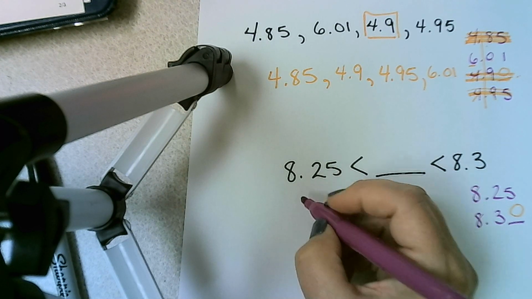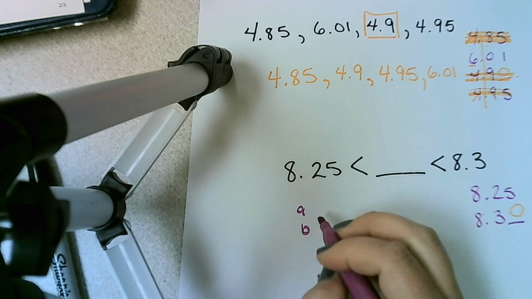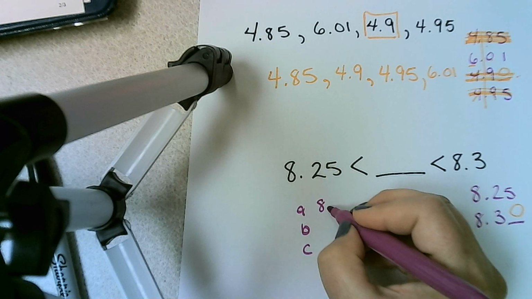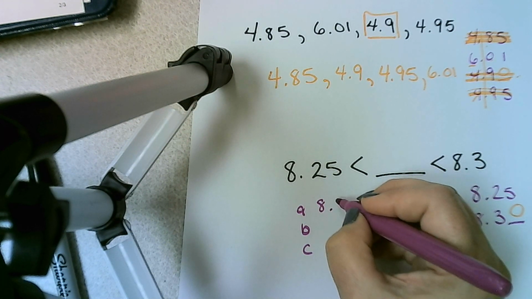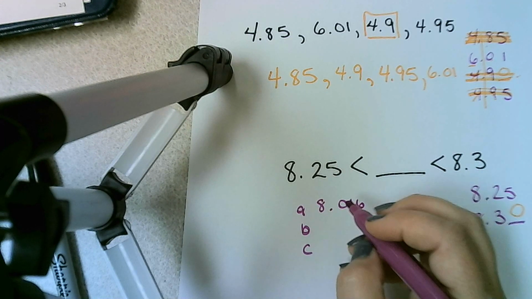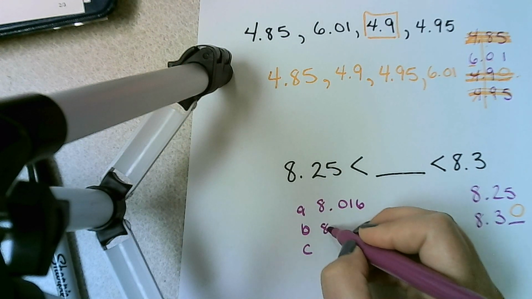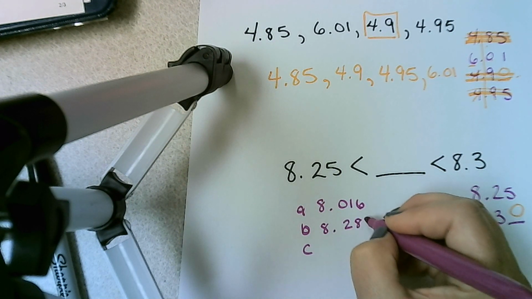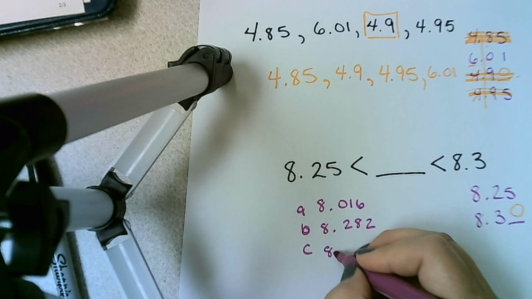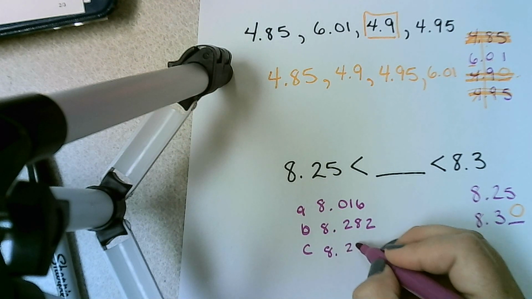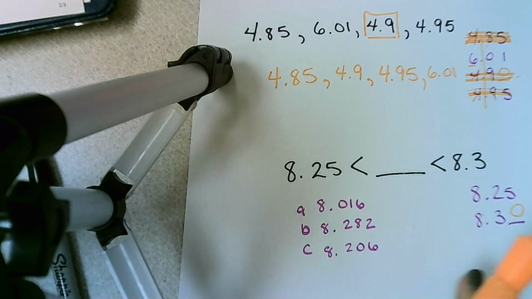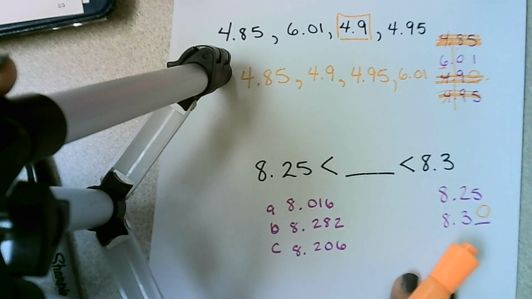So if I have multiple choice questions, well, I don't see a simple 26, 27, 28, or a 29.